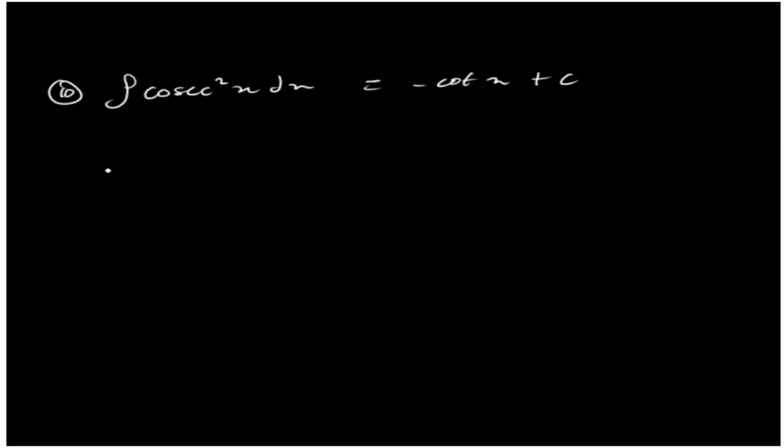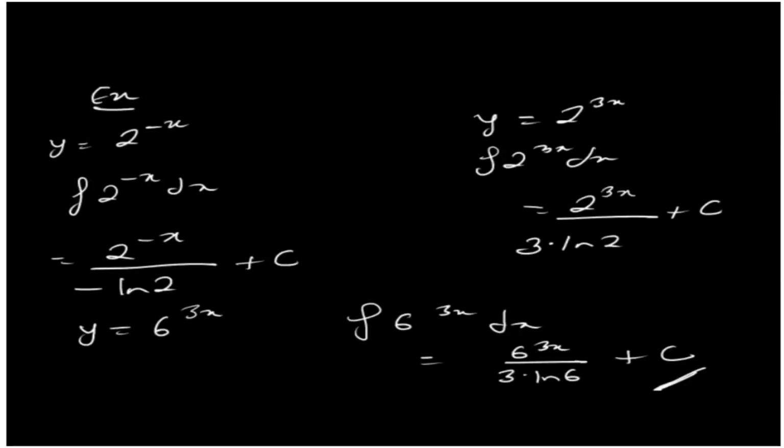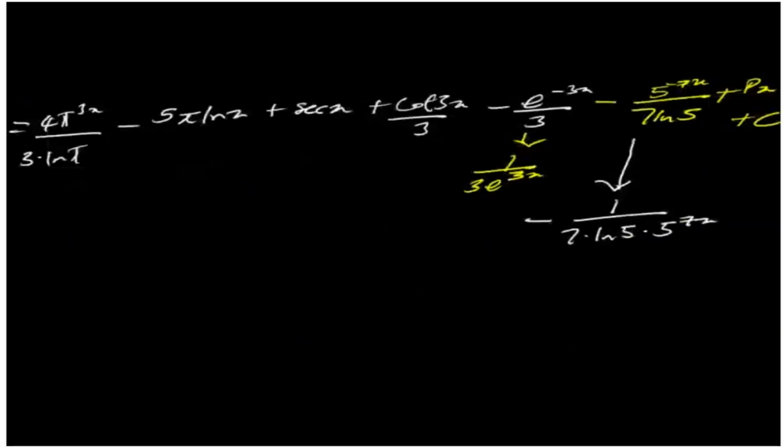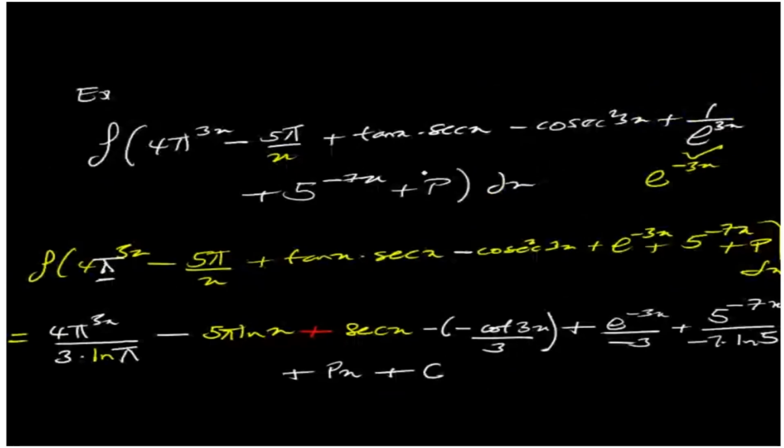Please, your final answer must always have C. This is how the question will come out. It's just the same thing as we did in differentiation. It's not a constant for each of them.